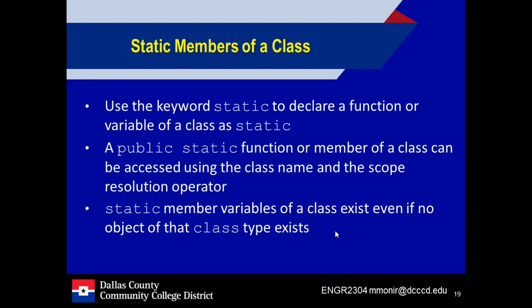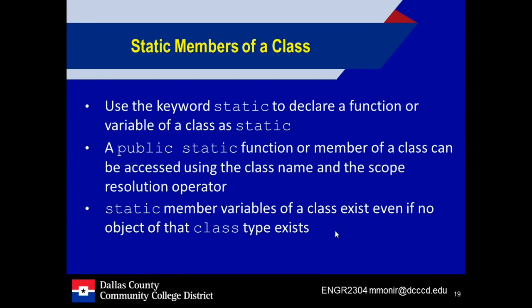But what if you don't want a function to need an object, and want it to be available all the time? We can declare that function or variable with the keyword static. A public static function or member of a class can be accessed using the class name and the scope resolution operator, the two colons, and it is going to work.